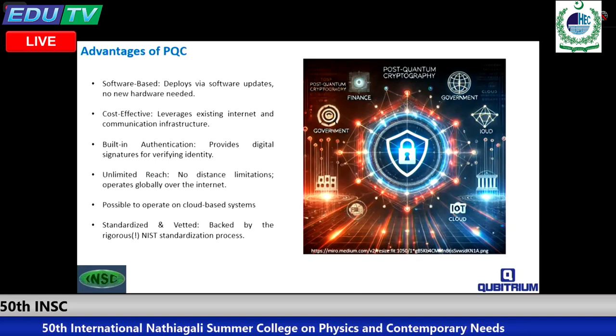On the other hand, PQC does not require anything like that. In fact, you can even use it via cloud. There's a company actually having this business model. I liked it a lot because they do not use some digital device for post-quantum cryptography. They use cloud-based systems. They have some servers. You can use it on the cloud.